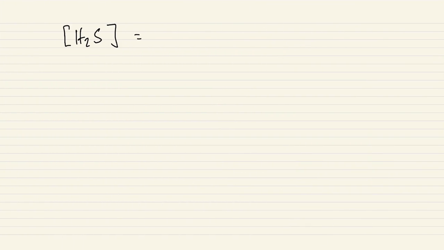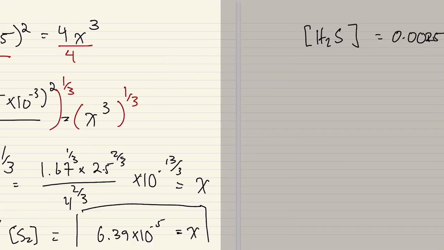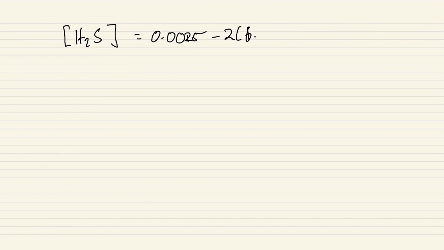Right, so if we did this, we would just do 0.0025 minus 2 times 6.39 times 10 to the minus 5. And then once you plug that in, you would get the answer for that. And let's see if the small x approximation was decent.